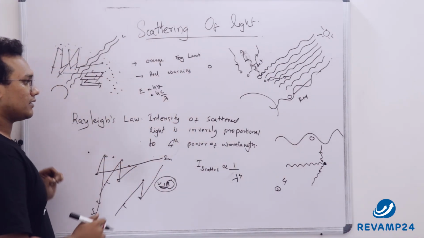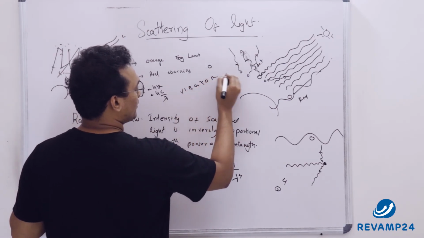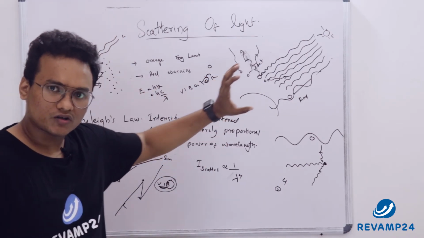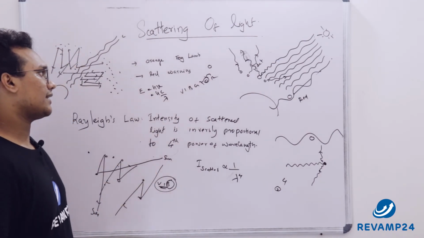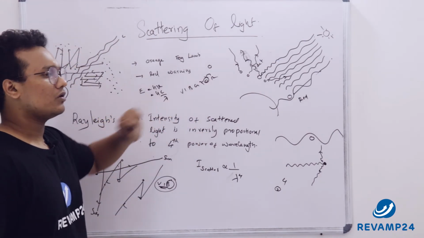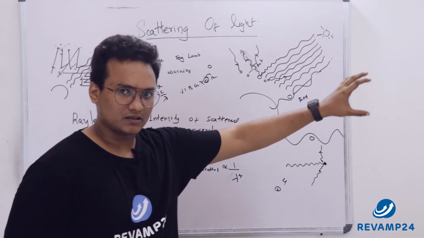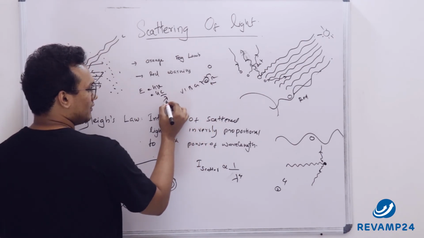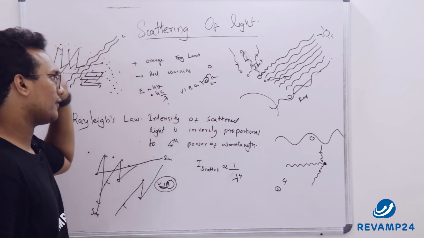Out of violet, indigo, blue, green, yellow, orange, red, next to red I have orange. So orange will have comparatively the same scattering power as red, which means it would be subjected to very little scattering, but its energy is more because its wavelength is less compared to red. The lower the wavelength, the higher the energy.